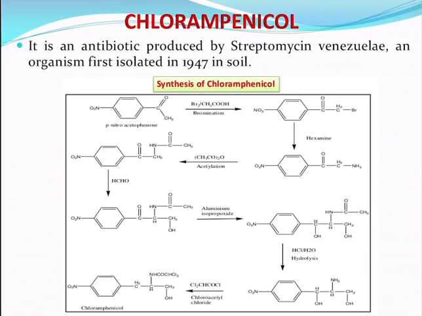The resultant product is subjected to resolution with D-camphoric acid and then treated with dichloromethyl acetate to yield chloramphenicol. So this is our final compound, what is called chloramphenicol. In this way, we are going to synthesize chloramphenicol.